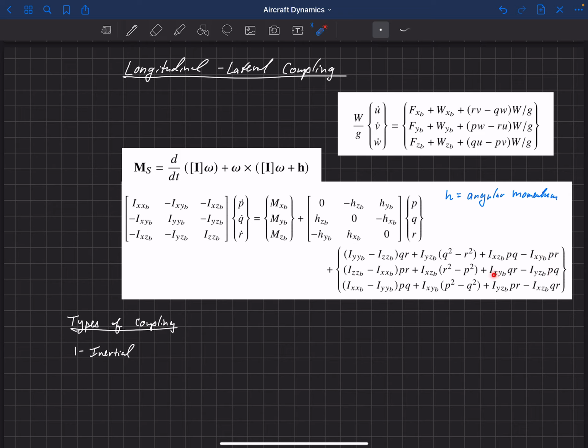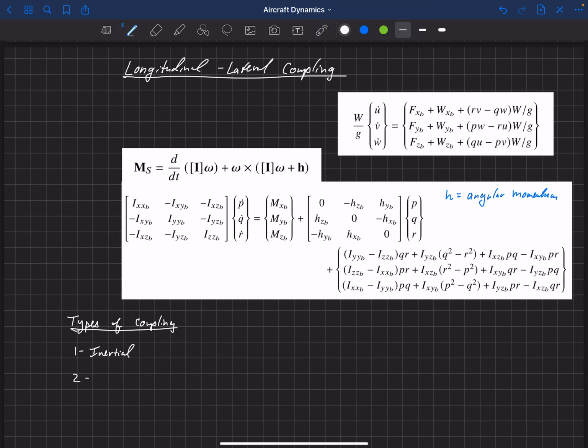So anyway, all of these are coupling terms that are taking some of this non-symmetric inertia. Remember the XY terms and the YZ terms, those are the non-symmetric portions of the inertia tensor, and those show up multiplied by our rotation rates and create moments about different axes. So that's one type of coupling that we've neglected.